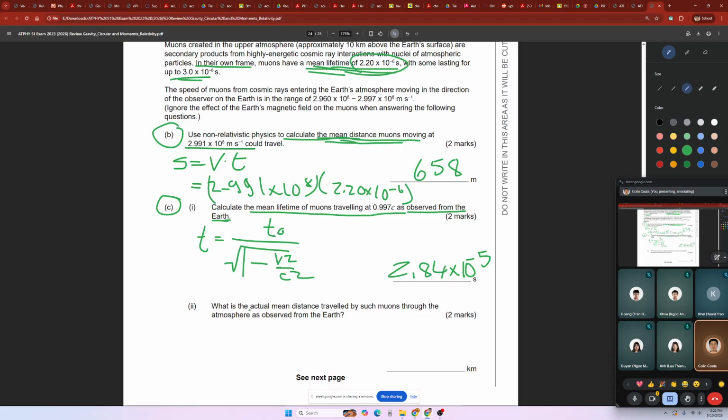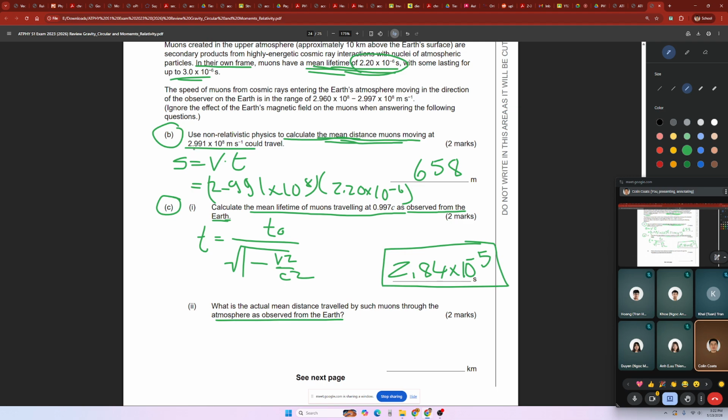So what is the actual mean distance traveled by such muons through the atmosphere as observed by Earth? So now we're going to be asked, okay, if this is how long they see it travel for, well, how fast do they go?